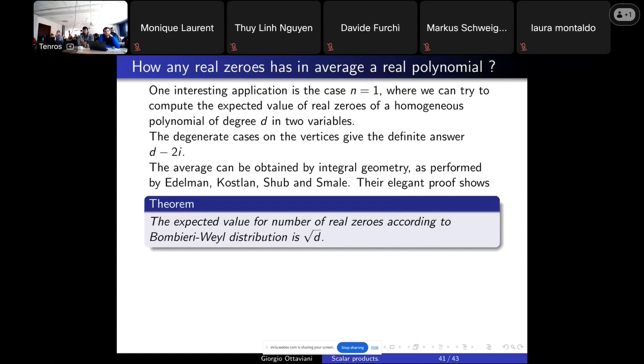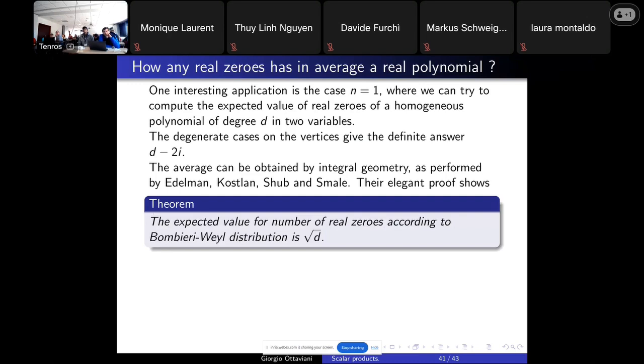First, this was done by Shub and Smale, and this answer, I think, is well known. Among people who study these things, the square root is called the square root principle. You see, the answer is completely different, and now the measure is much bigger.